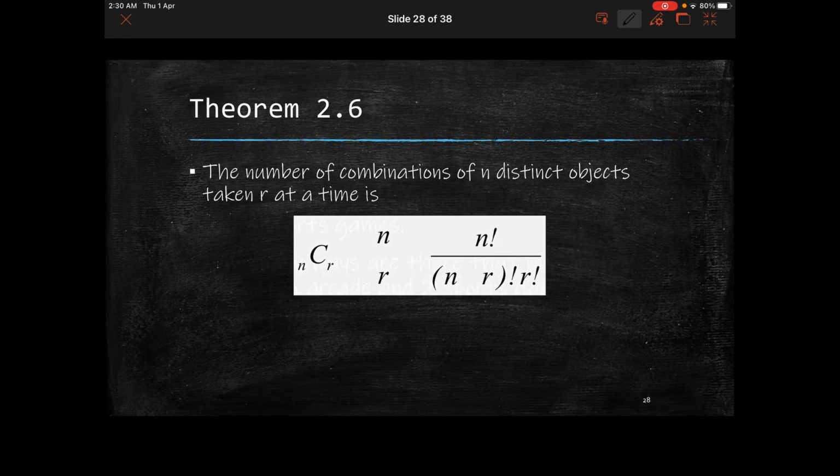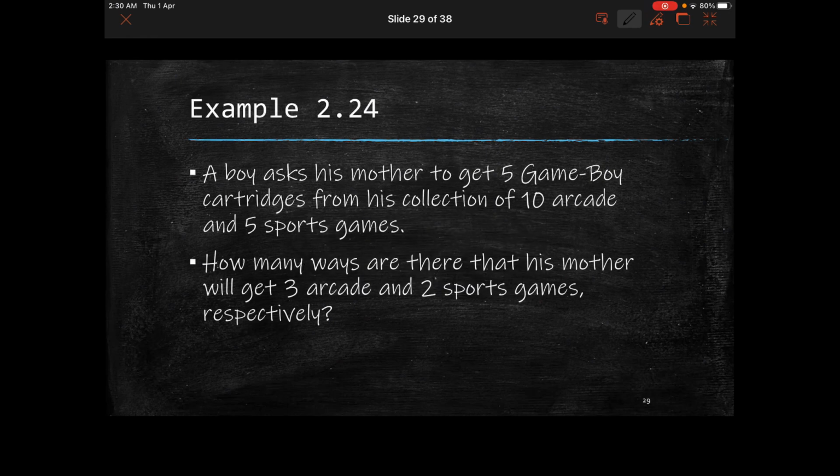So let's see some example. A boy asks his mother to get 5 Game Boy cartridge from his collection of 10 arcade and 5 sports games. How many ways are there that his mother will get 3 arcade and 2 sports game respectively?